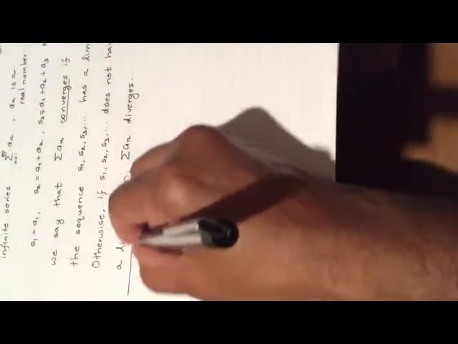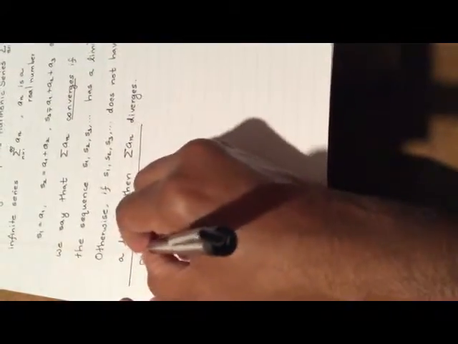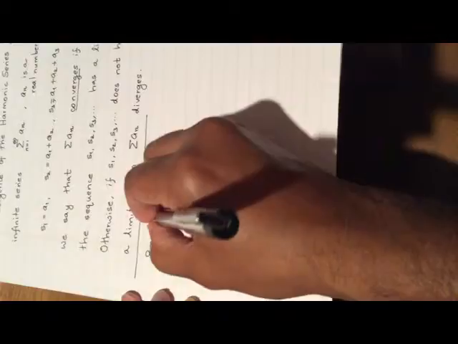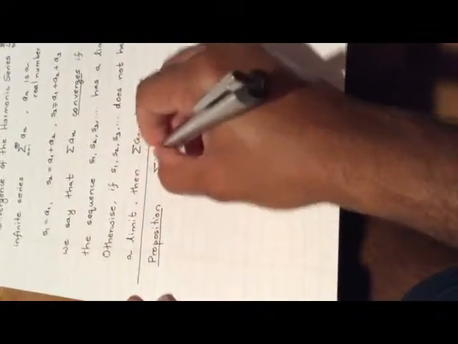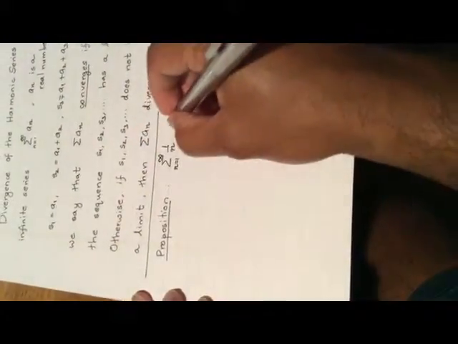What we want to see today is the claim, or the proposition, if you like, that summation 1 over n diverges.